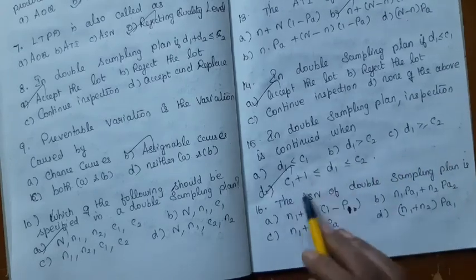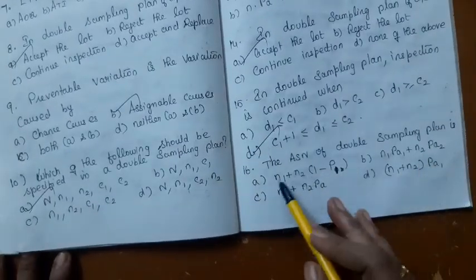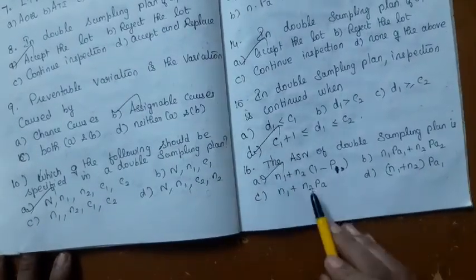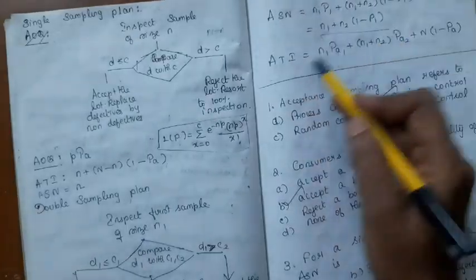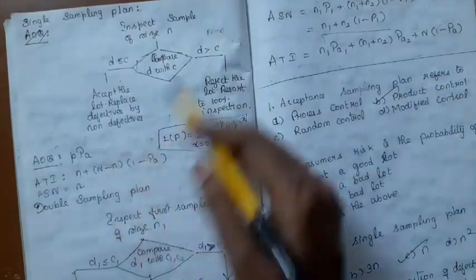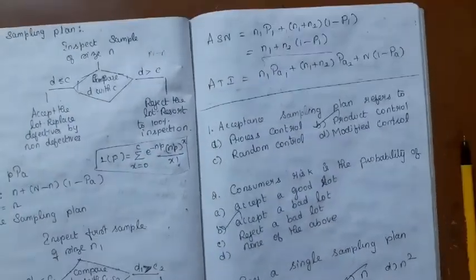So this is the correct option. The ASN of double sampling plan is (N1 plus N2) into (1 minus P1). See, I have given all the formulas, the points to remember here. Make a note of everything and try the questions once again. Okay. Thank you.